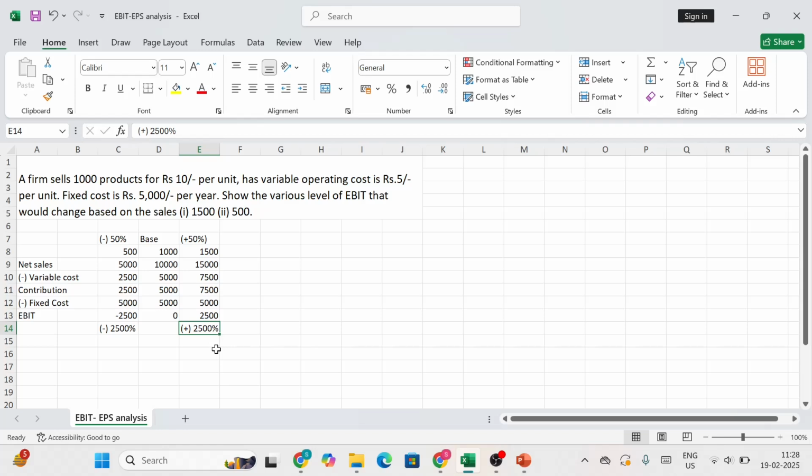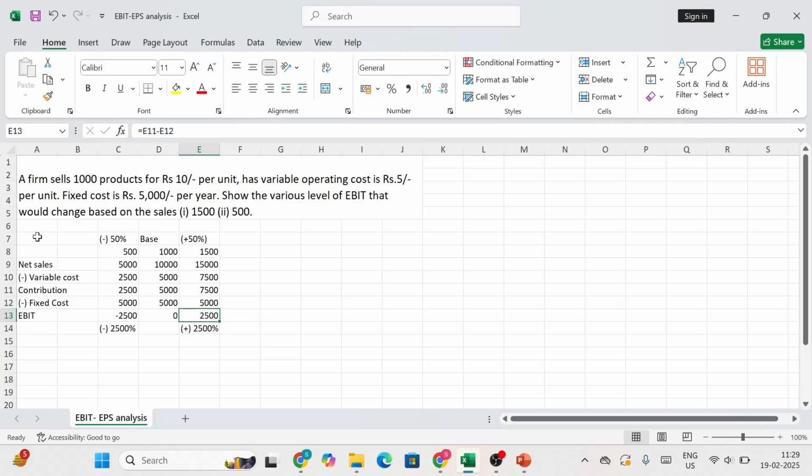If you understand this, you can take a decision whether to increase the number of units to a certain level, so that you can see how your EBIT changes. This is how the manager will decide how many units to produce to get a specified EBIT.